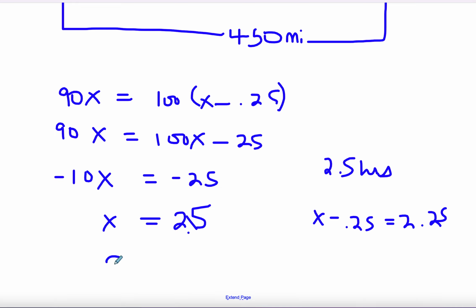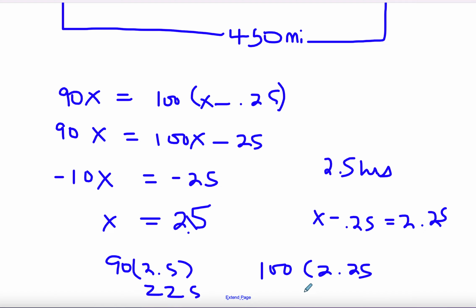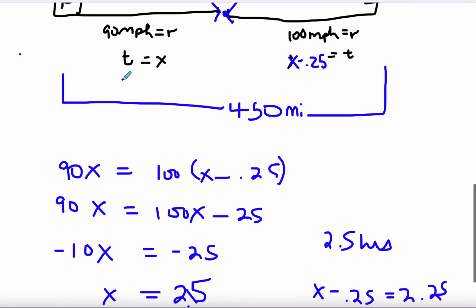And again, you can check. 90 times 2.5 is equal to 225. And 100 times 2.25 is equal to 225. And if you add those two together, you get 450. So we actually did that right.